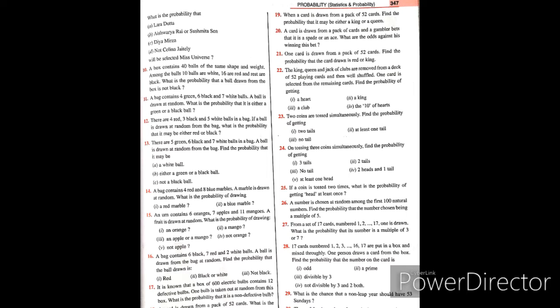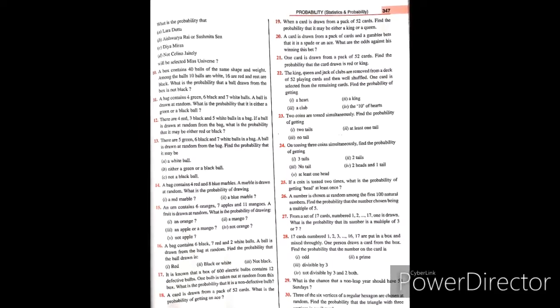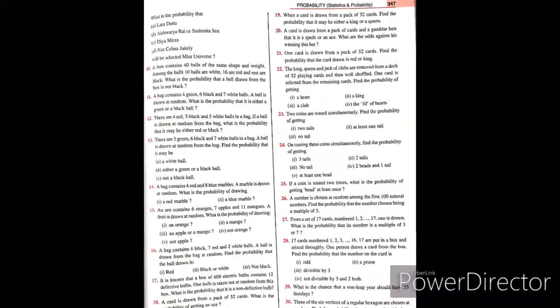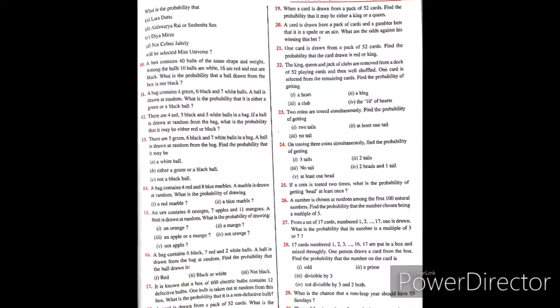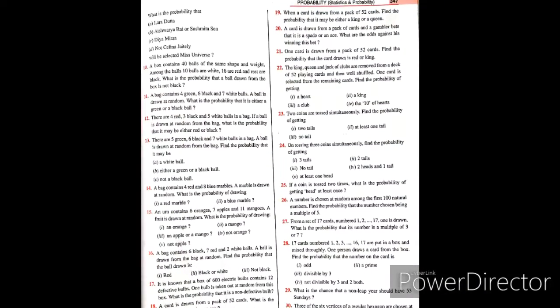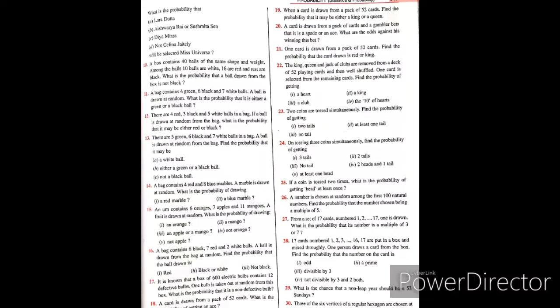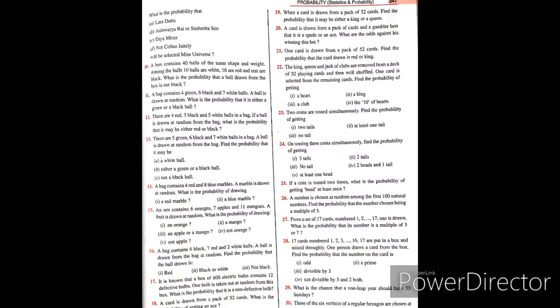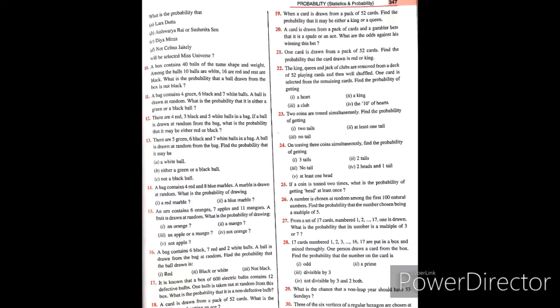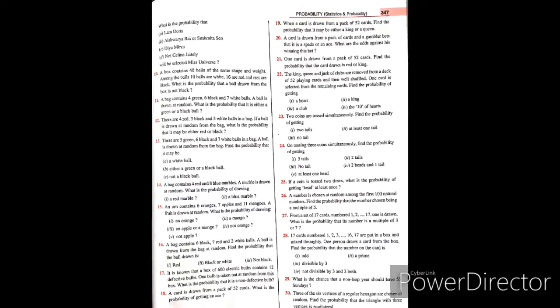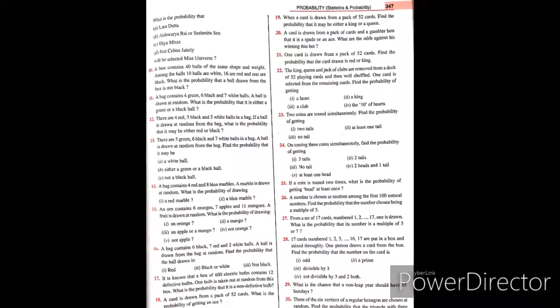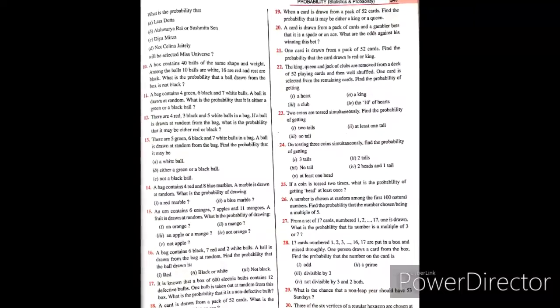When a card is drawn from a pack of 52 cards, find the probability that it may be either a king or queen. Number of kings is 4, number of queens is 4. So children, probability of A or B is equal to probability of A plus probability of B minus probability of A and B. This formula you can apply.